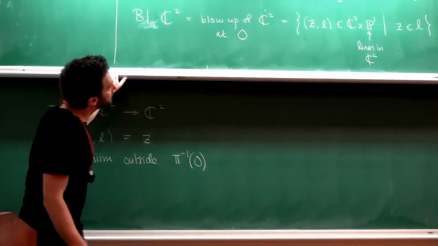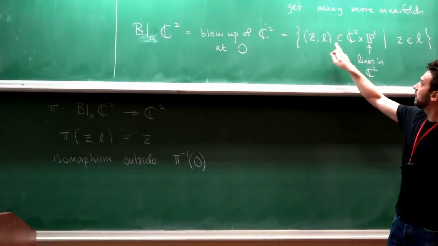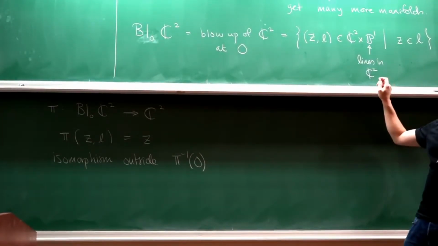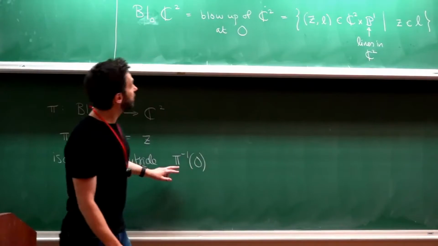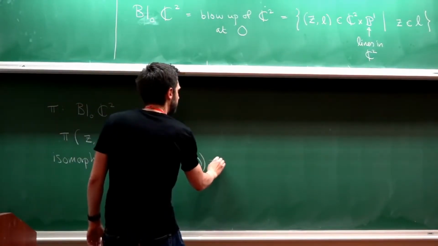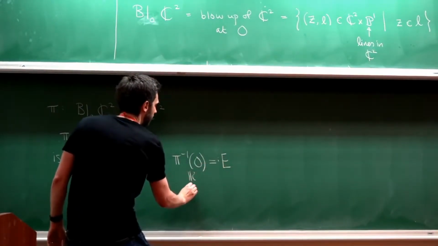Why is that? Each element of C2 lies in a unique line, with the exception of the origin, because the origin lies in every line. The preimage of the origin gives us E, a copy of P1.